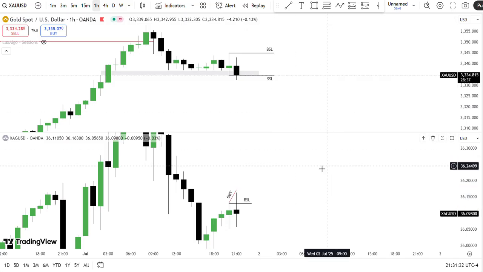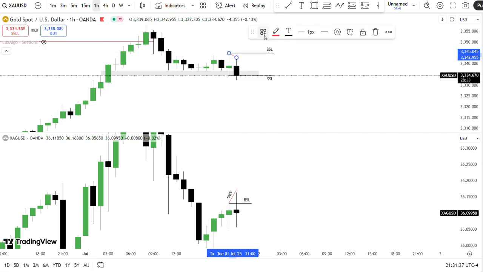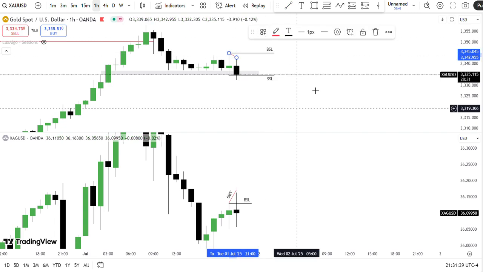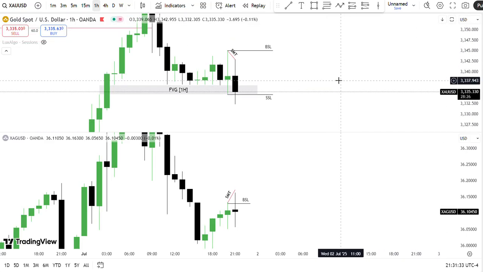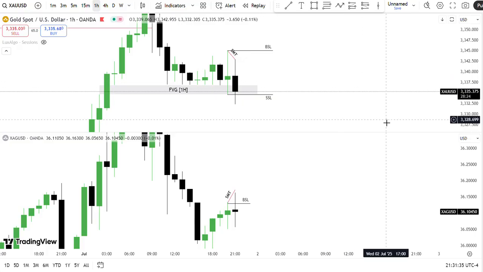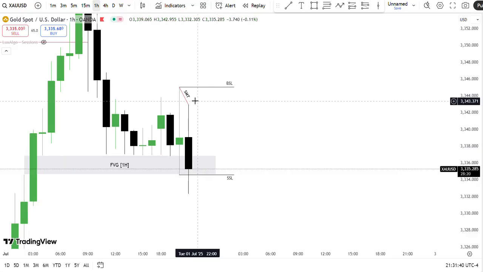So the manipulation occurred in silver, but the manipulation did not occur in gold. So I can get a confirmation. The market got a manipulation in silver. So our SMT is confirmation. The market is going to inverse.